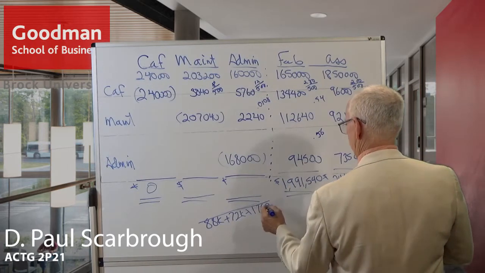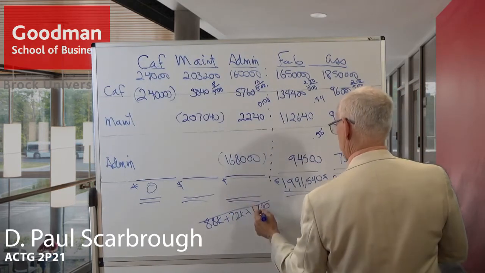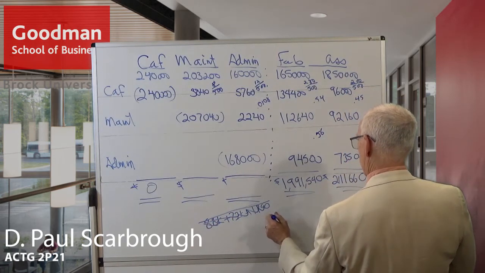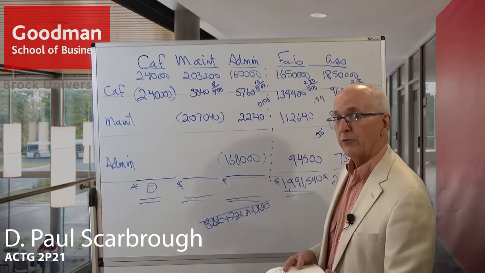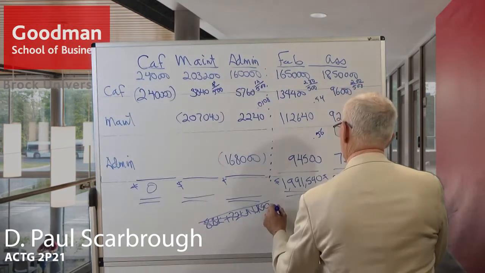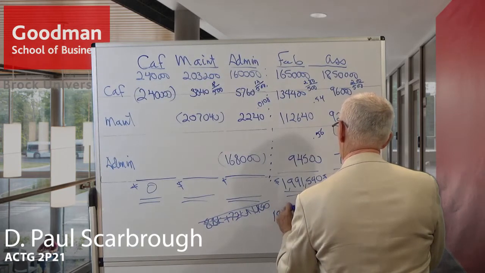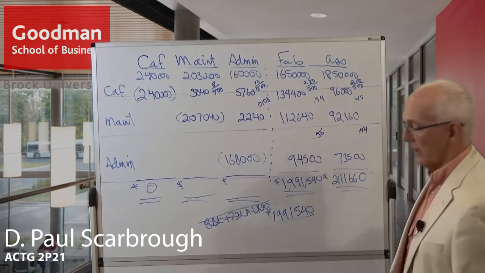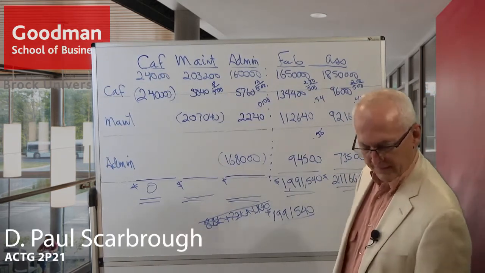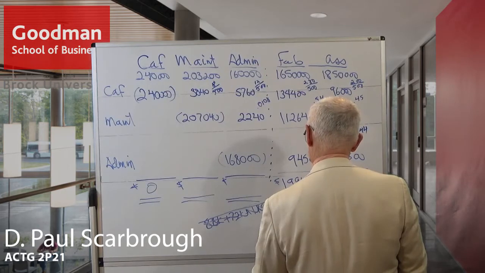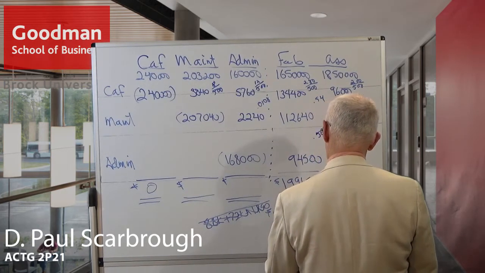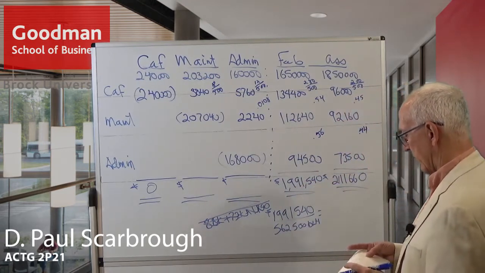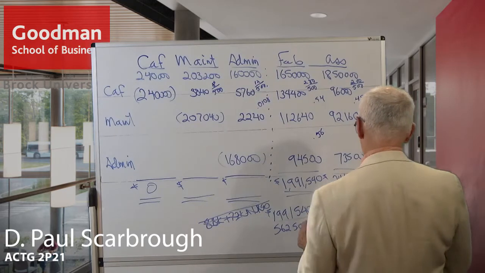If we take this one, remember this was just a denominator that we used earlier, so I'm going to ignore that for a minute. If we take this as the numerator, because we need dollars per direct labor hour, so $1,991,540 divided by, fabrication is $562,500 direct labor hours, 3.5405.